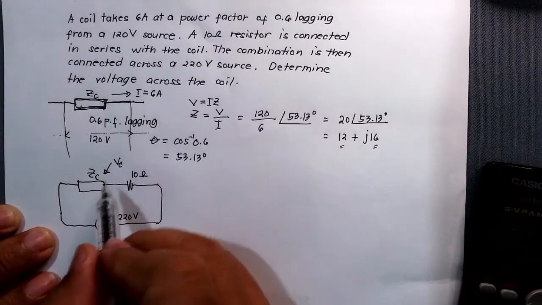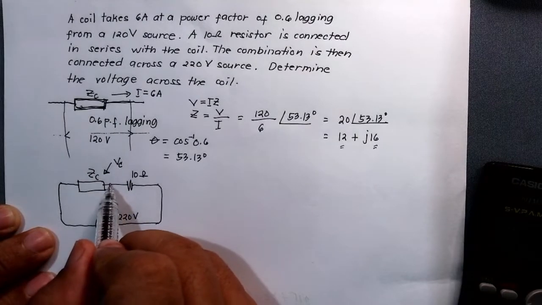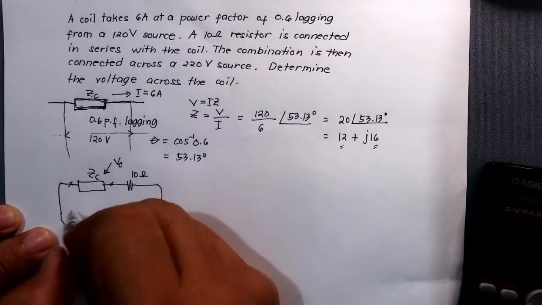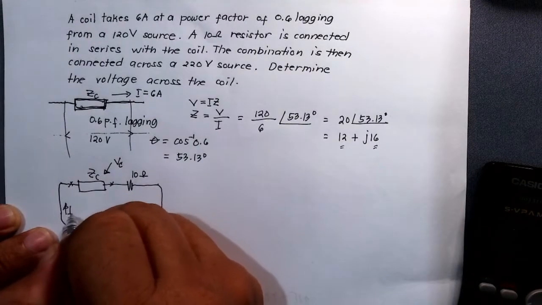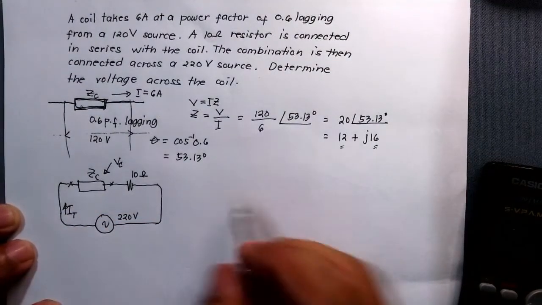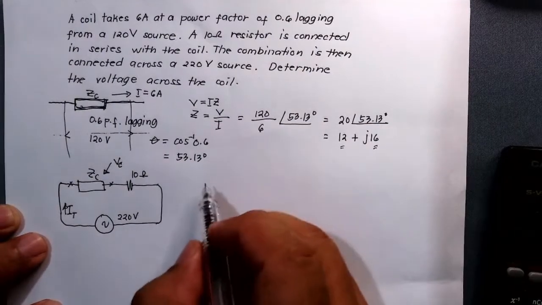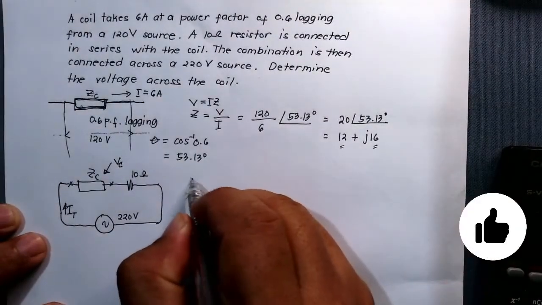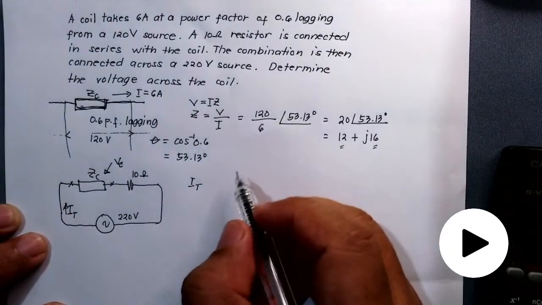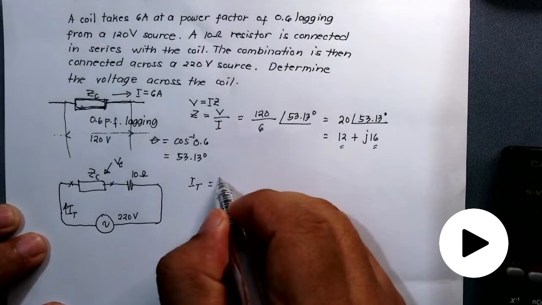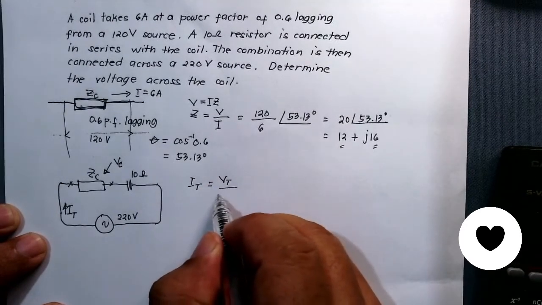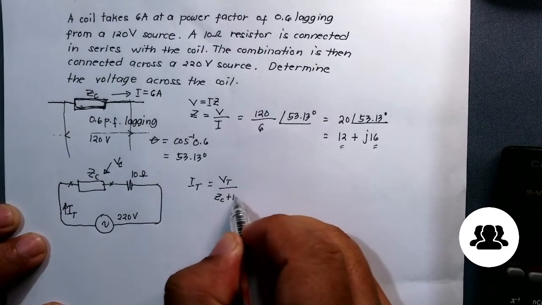To get the value of the voltage VC, we first have to get the total current in this circuit. I just named it IT. Getting IT now, the same thing that we have done here using Ohm's law, that will be VT, the total voltage, over ZC plus 10 ohms.